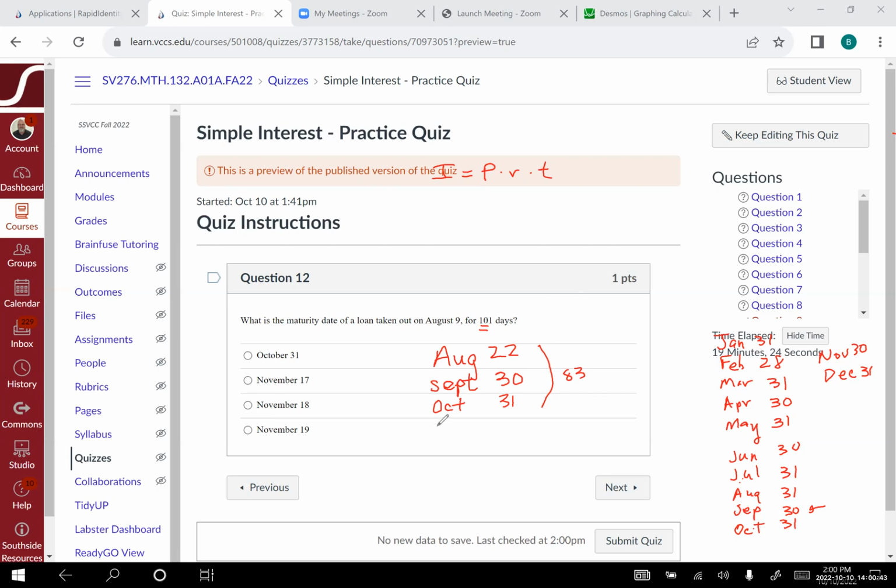Yeah, 18 more days. All right, good. So we need to go 18 days into November to add up to 101. So if we go 18 days in November, that's going to be November 18th. And then all four of these add up to 101. So if we borrowed a loan on the 9th and we needed it for 101 days, the due date would be November 18th.